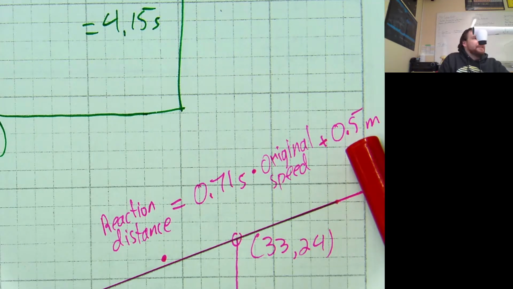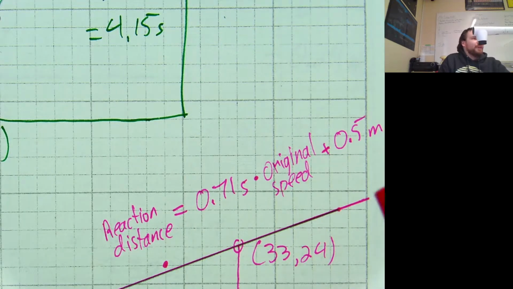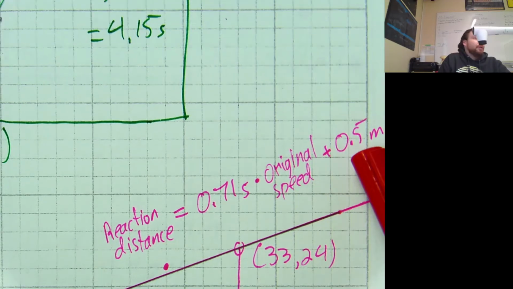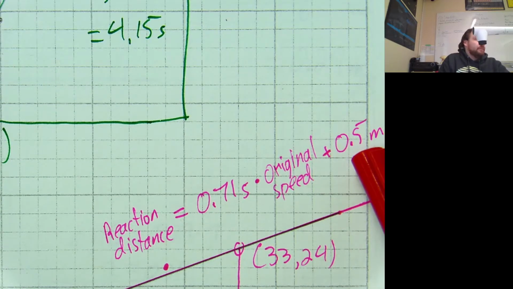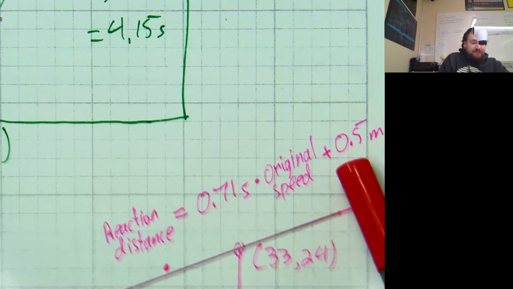If we're out by 50 centimeters in that measurement, is that reasonable? Oh, totally. If a car's traveling past you at 50 kilometers per hour and then slams on the brakes, to say you're within half a meter is pretty good. So that's what this piece represents.